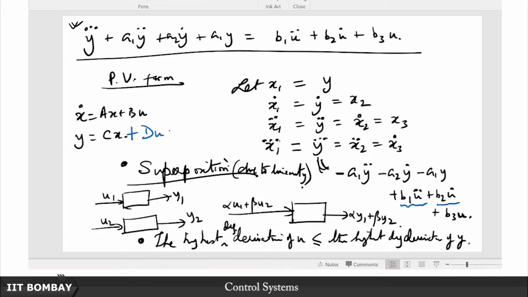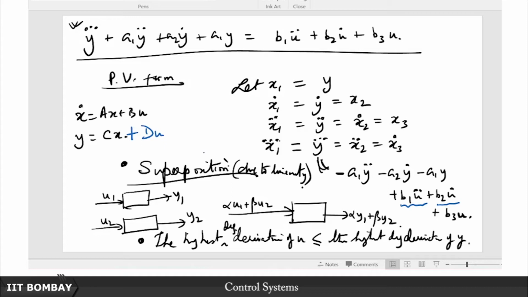For now I am going to tell you that even though it appears like handling this u dot and u double dot is an insurmountable challenge in this so-called phase variable form, we will show you that because of this superposition and the fact that the highest degree derivative of u is less than or equal to the highest degree derivative of y, we will still be able to describe this system in the phase variable form, and that phase variable form will be very interesting and very revealing.